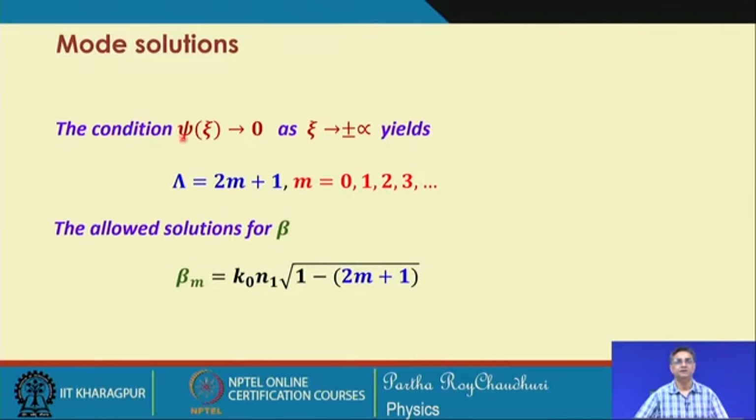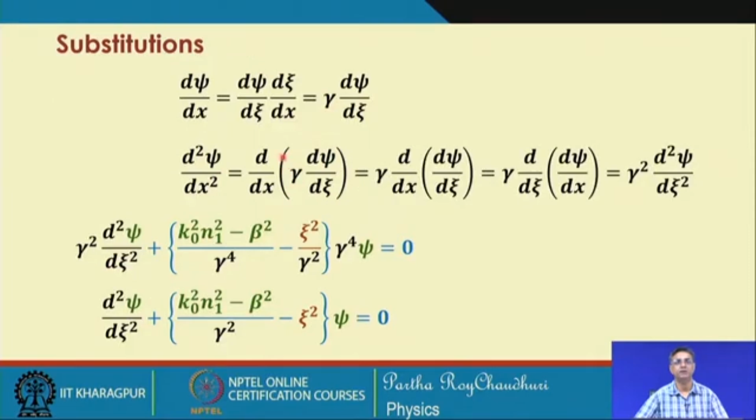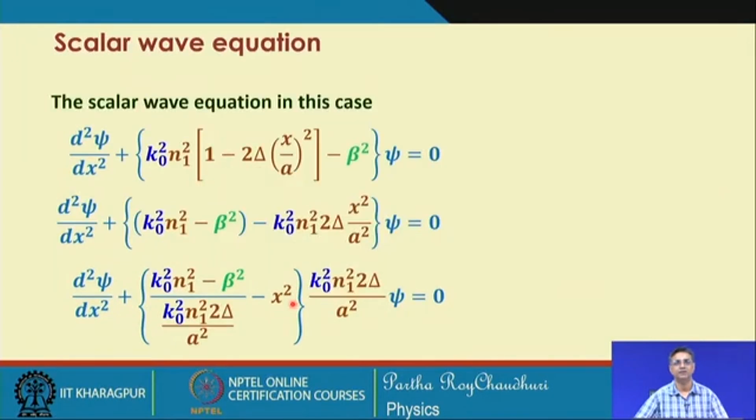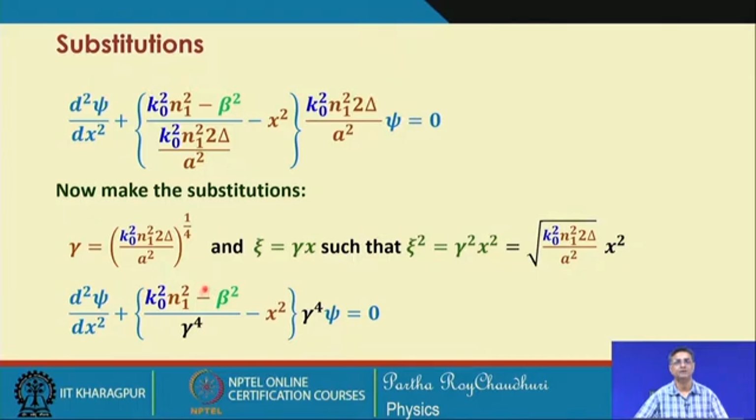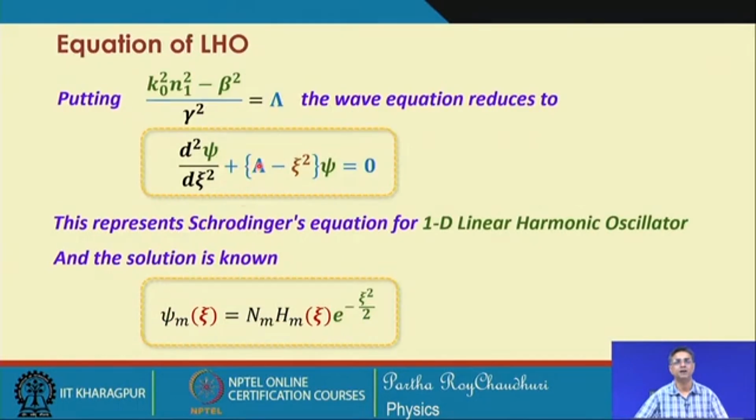The condition psi of xi tends to 0 as xi tends to plus minus infinity, that is as x tends to plus minus infinity, will give you this condition. This is also well known, that lambda equal to twice m plus 1 for the various values of m, including 0, 1, 2, 3, etcetera. Therefore, because this lambda includes this beta, you can remember the beta definition, we have used this as lambda.